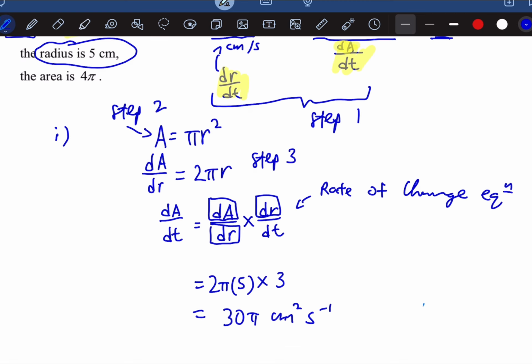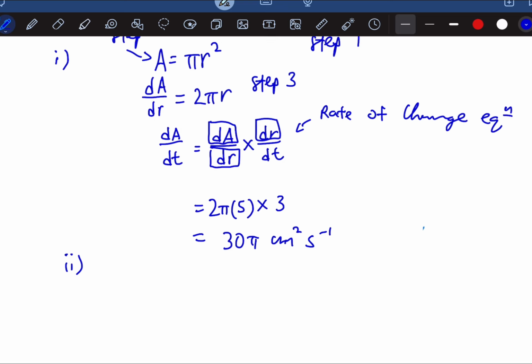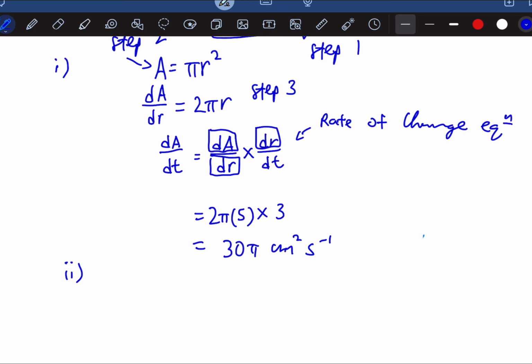This is for part 1. Then for part 2, they say the same thing, but now the area is 4 pi, which means area equals 4 pi. So 4 pi equals pi r square.